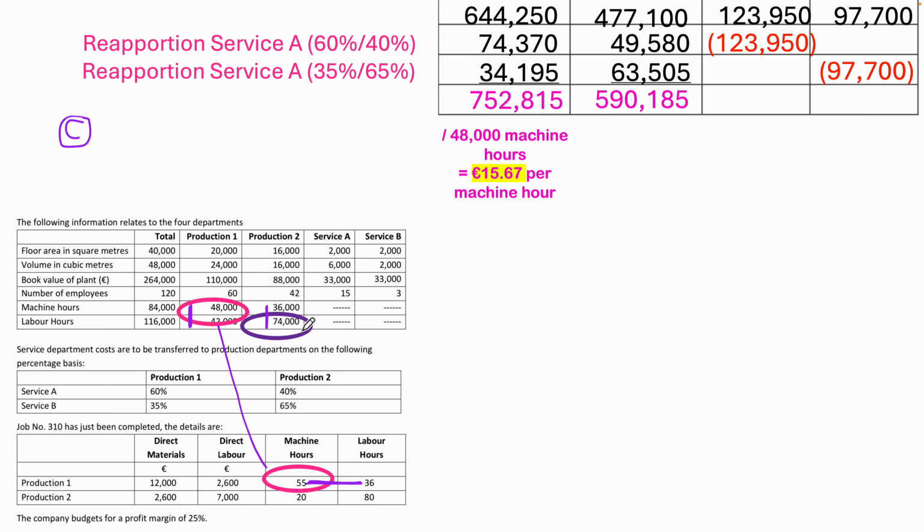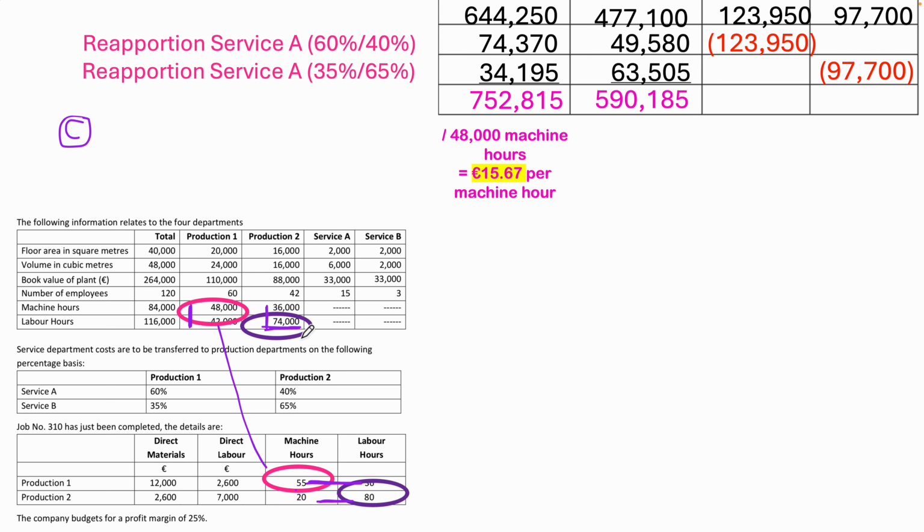And we'll have a look down here as well, and we can see in job number 310, labour hours is the most dominant activity also. So we're going to go up to our 591.85 and divide it by 74,000 labour hours. That's going to give us €7.98 per labour hour. So we've broken that down into a per hour basis. So that is part C done.